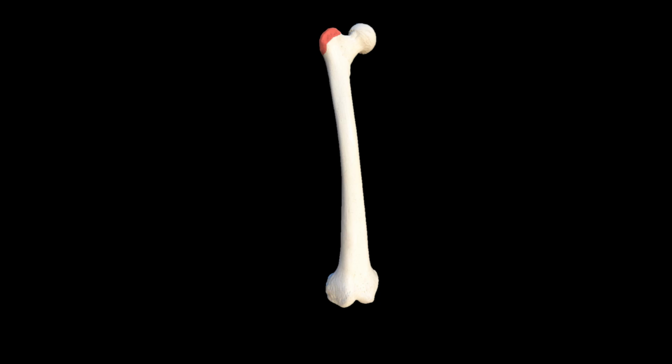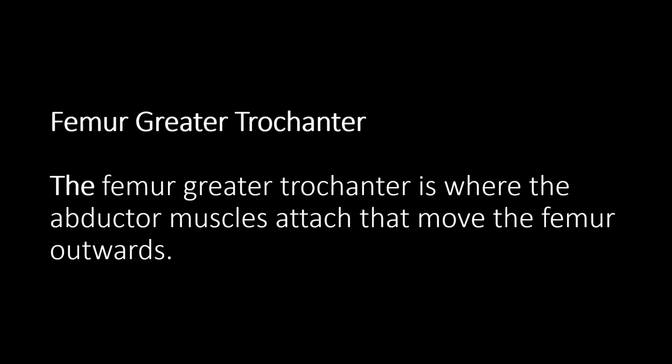Femur neck. Connects the femoral head with the femoral shaft. Name this anatomical area. Femur greater trochanter. The femur greater trochanter is where the abductor muscles attach that move the femur outwards.